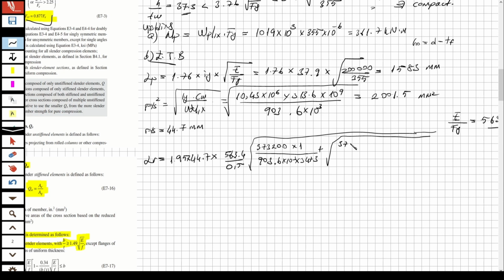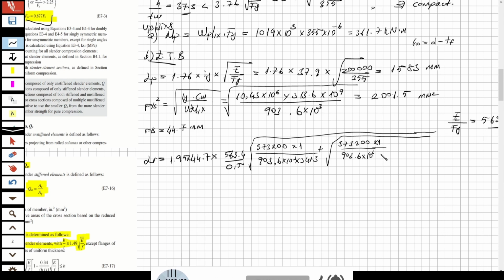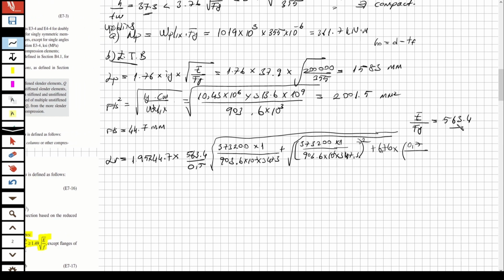And this is going to be 37,322 multiplied by 1 over 903.6 multiplied by 10 power 3, multiplied by 347.3, 676 multiplied by 0.7 over, if you remember the ratio of modulus of elasticity over Fy, that was 563.4, and now it's going to be the down, and the formula is this one.